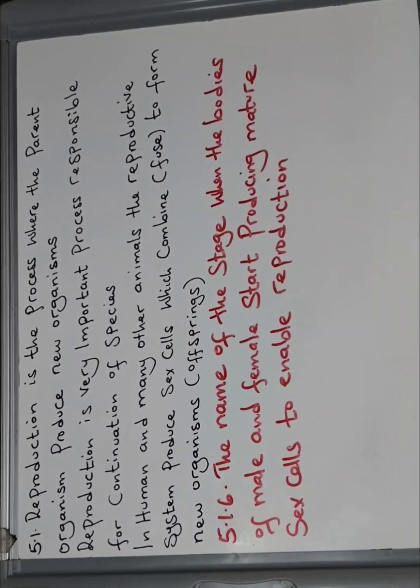The name of the stage or period when the bodies of male and the female start producing mature sex cells to enable reproduction. What do you call that stage? We call it puberty.